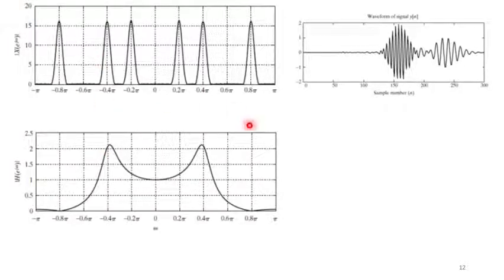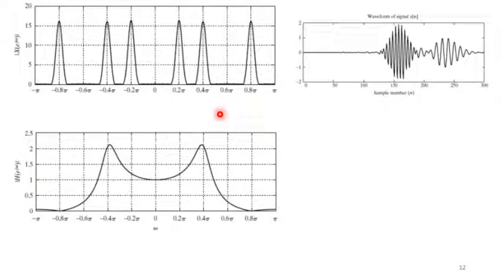Now coming to the third frequency component present in the input signal, that is 0.8, plus minus 0.8, that means 0.8 pi here, and we also talk about the 0.8 pi here. If we look at the corresponding values of the response, the response has a very small value, for both, plus minus 0.8 pi.